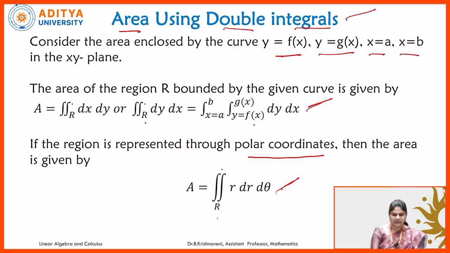In Cartesian form, if you take a region R bounded by the curves, then the area is A is equal to double integral over R dx dy or double integral over R dy dx. Depending upon the limits in the question, we will take either dx dy or dy dx. Now if the region is represented in polar coordinates, the area is given by double integral over R r dr d theta.